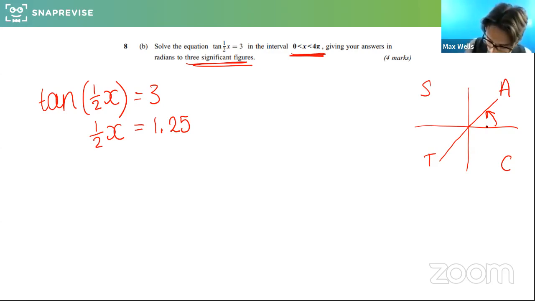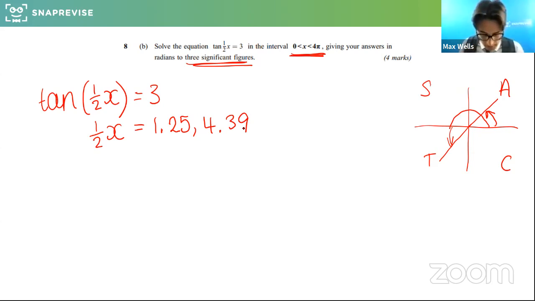And we know that tan repeats every 180 degrees. So in degrees, we would normally add 180 to that value. But in this, because we're working in radians, the equivalent thing to add on would be pi. Okay, so you will ideally need your calculator here. So if you add pi to that value, the next value we get is 4.39.